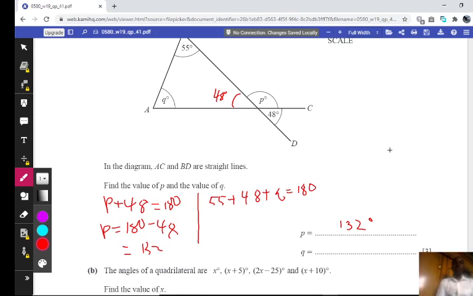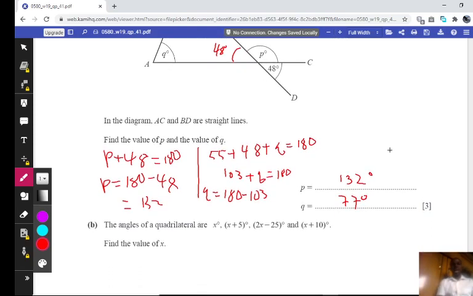Angles in a triangle add up to 180 degrees. Then 55 plus 48 is 103. So 103 plus Q is equal to 180 degrees. So your Q is equal to 180 minus 103. What is 180 minus 103? You get 77. So Q is 77 degrees. These are 3 marks.